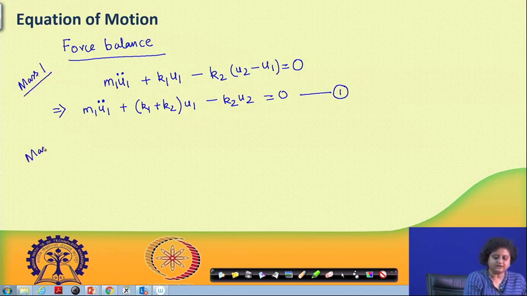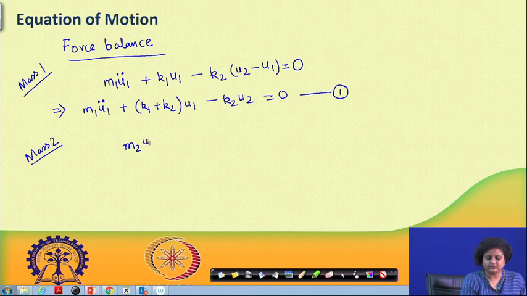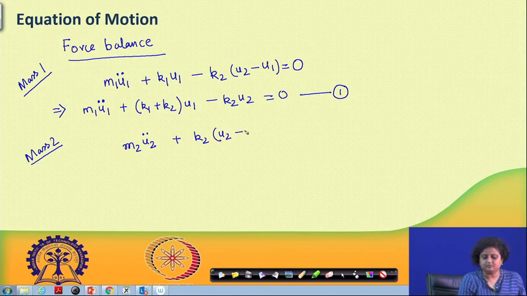Similarly, I can write it for mass 2 and get m2 u2 double dot plus k2 (u2 minus u1) equal to 0.